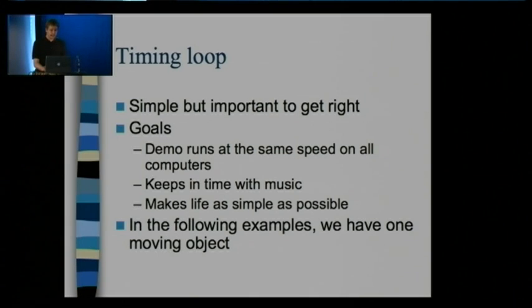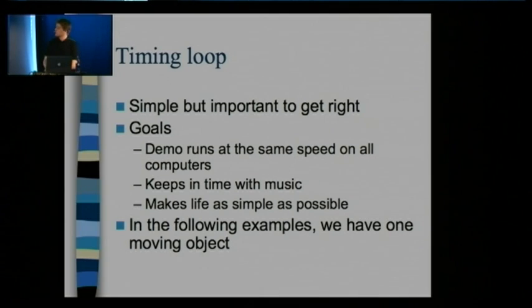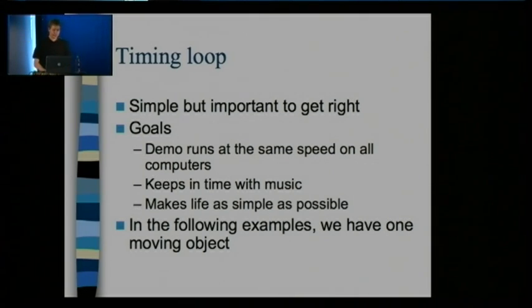All right, now the second thing, timing loop. Now this is really simple to do in practice, but it's also really simple to get wrong. So what do we want from a timing loop? We want the demo to run at the same speed on all computers. Of course, you can smile and laugh at it, but people do things that will break this, and it's sometimes really embarrassing to watch.